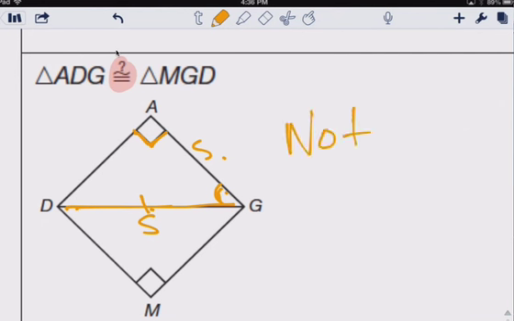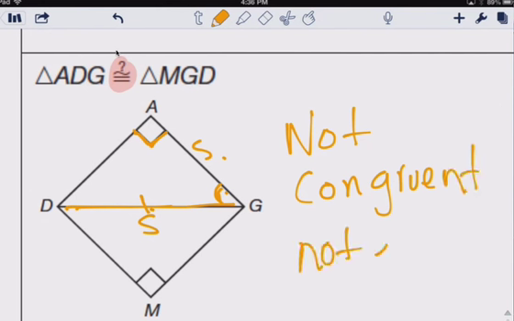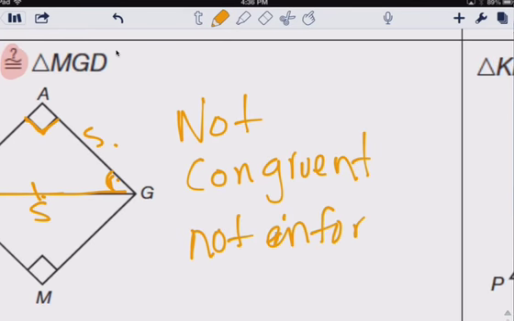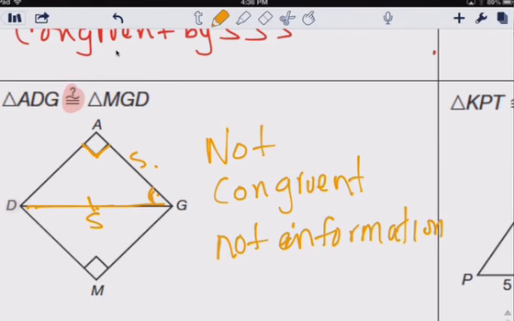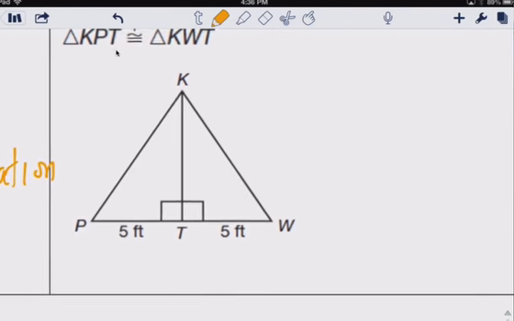Not congruent. Not enough information. Okay? It should be side, angle, side, okay? And there's no sides that are the same.